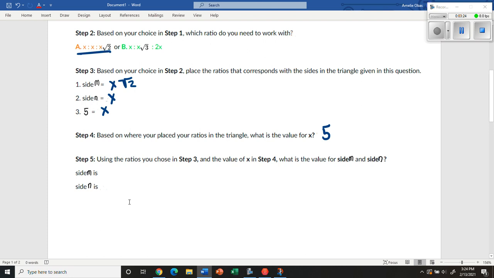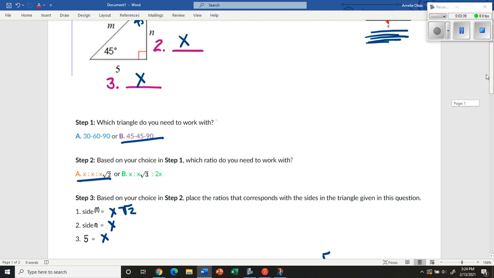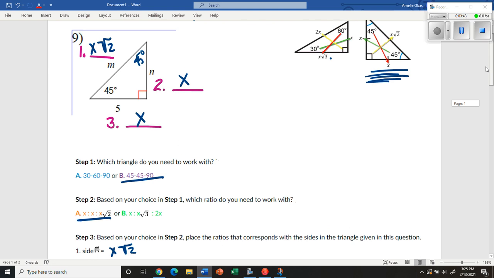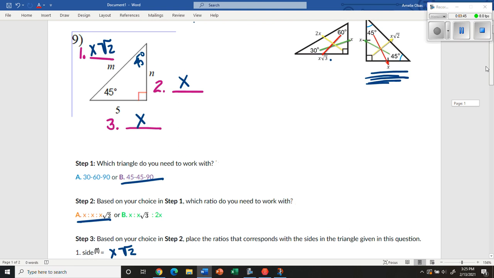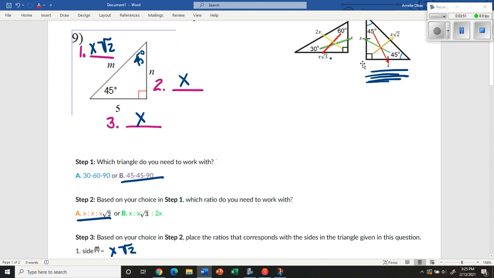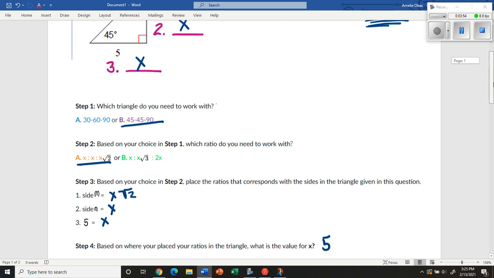Alright, so now it says using the ratio that you chose in step 3, and the value of x in step 4, which is 5, what is the value for side M and side N? Let's look at side M. It says x square root of 2. Since we already found x is 5, we're just going to plug in what we found for x.